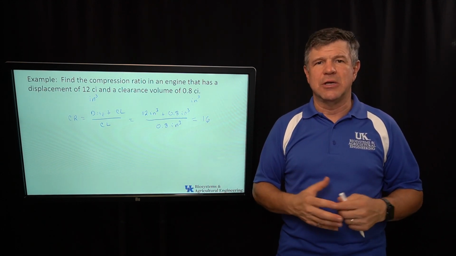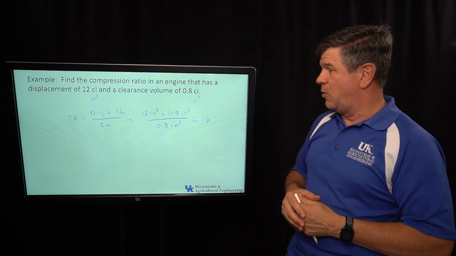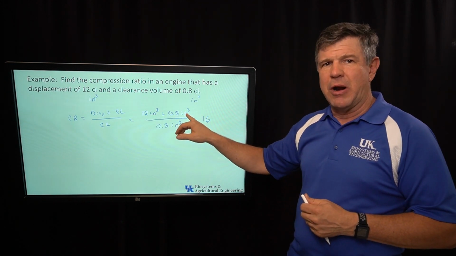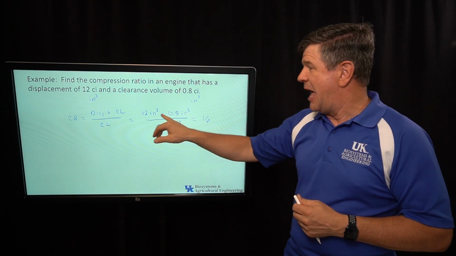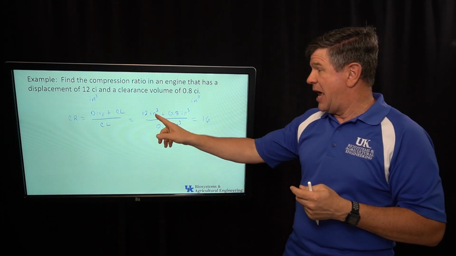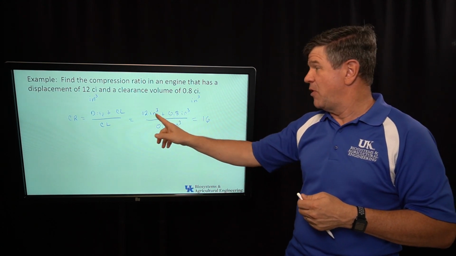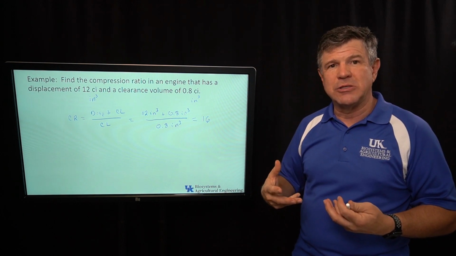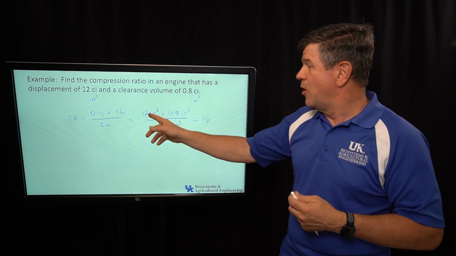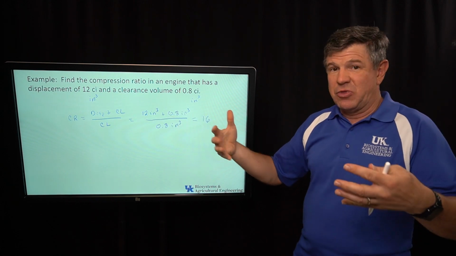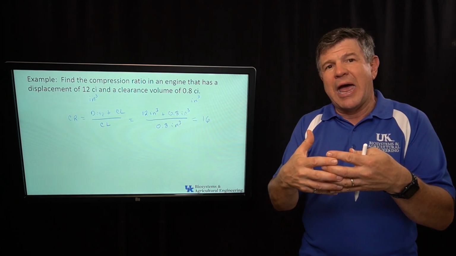Now every time we do one of these problems, we say 16 what? What are the units of that? So let's look at this equation. I have cubic inches and cubic inches in the numerator, but they are added together. When I'm adding numbers together, first of all, they have to be the same units. If they're not the same units, I can't add them together mathematically. The equation is not going to work out correctly. So they are the same units, but that doesn't change the unit when I add them together.